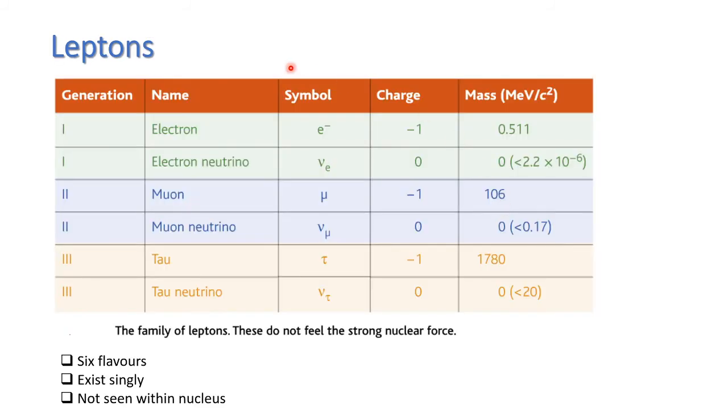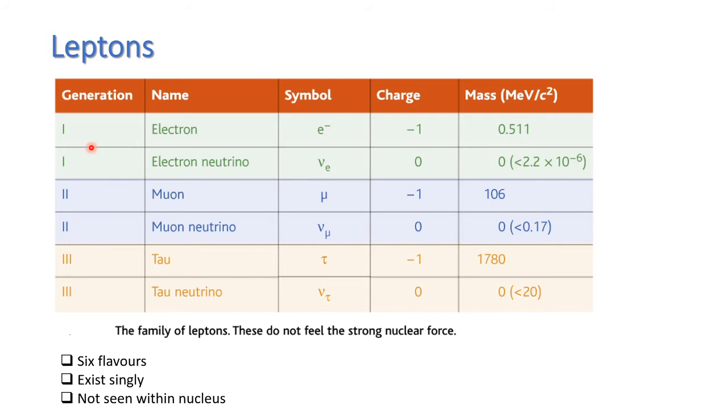So when we observe the leptons, we identify 3 generations. Generation is like with hybrid vehicles, you may have heard of first generation, second generation, third generation. The novel one is the third generation.